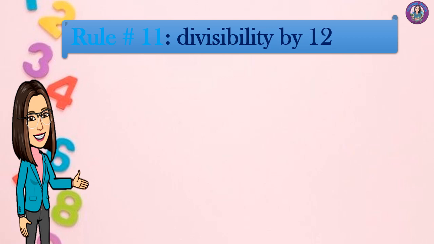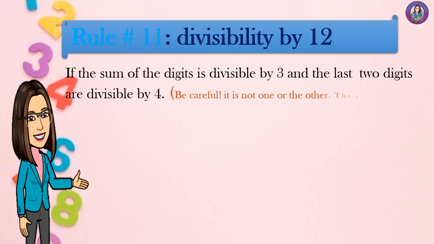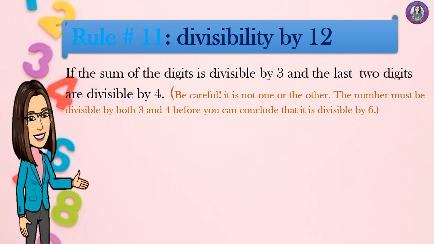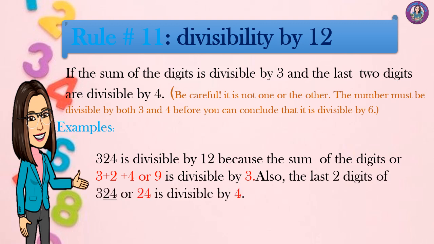Rule number 11, divisibility by 12. If the sum of the digits is divisible by 3 and the last two digits are divisible by 4, be careful, it is not one or the other. The number must be divisible by both 3 and 4 before you can conclude that it is divisible by 12. Let's have this example. 324 is divisible by 12 because the sum of the digits, 3 plus 2 plus 4, equals 9, and 9 is divisible by 3.